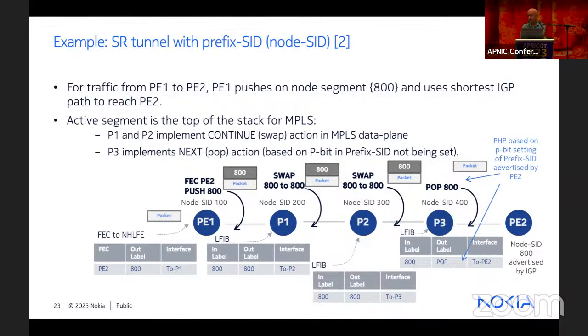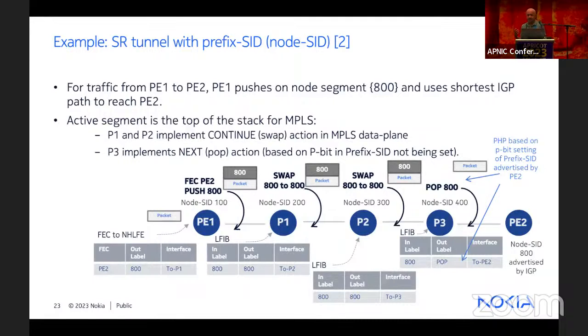The labels would have changed at every hop, right? So what we have here is out label 800, in label 800, out label 800, in label 800, and so on. In an LDP network, they would have been different because they were locally significant, right? So they would have been different.